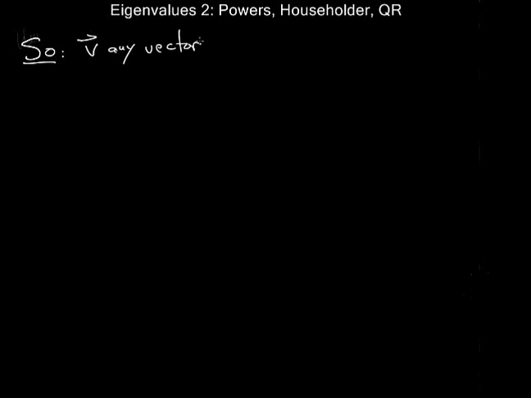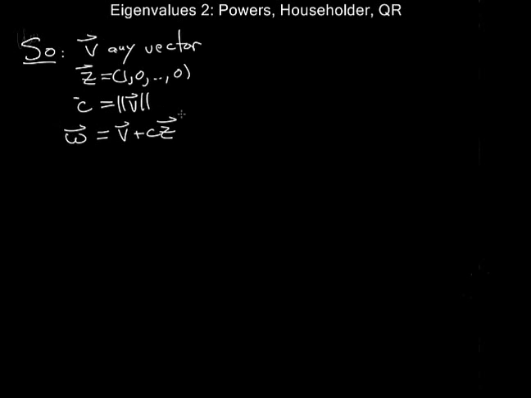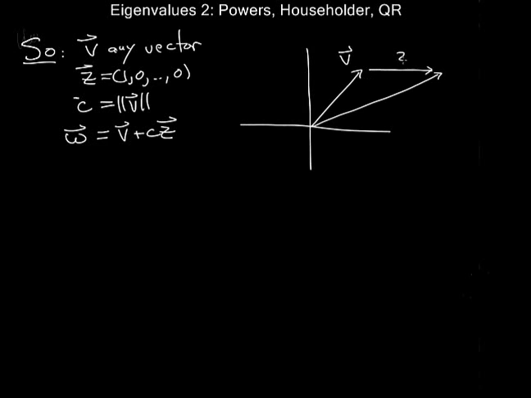Suppose we're given any vector V. Then I'm going to let z be the unit vector in the x-axis. And I'm going to let c be the length of the vector. And here's the key thing. You take w to be v plus c times z. And here's the picture. Here's v. And then you're adding some multiple of the vector in the one direction.